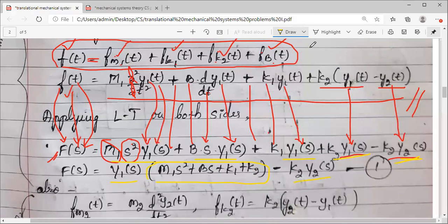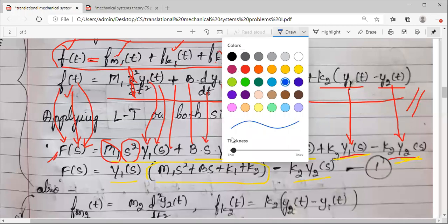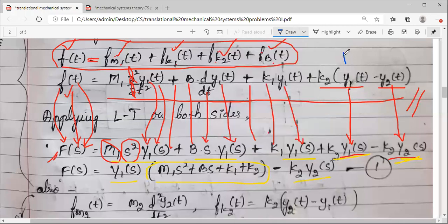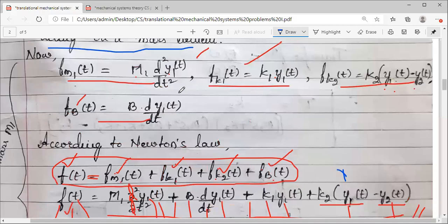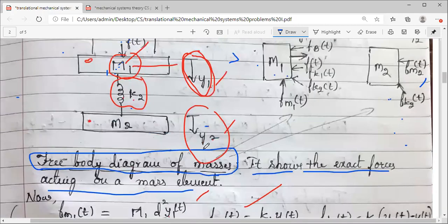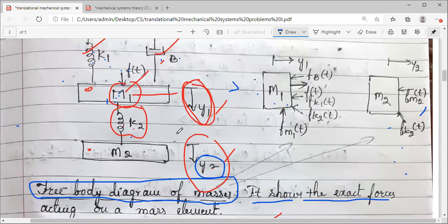What is our final motive? We need the transfer function. So how can you get the transfer function? As I told you, output by input. In your figure, if you observe, your final output is y2. Y2 is the final displacement and the applied force is your input.